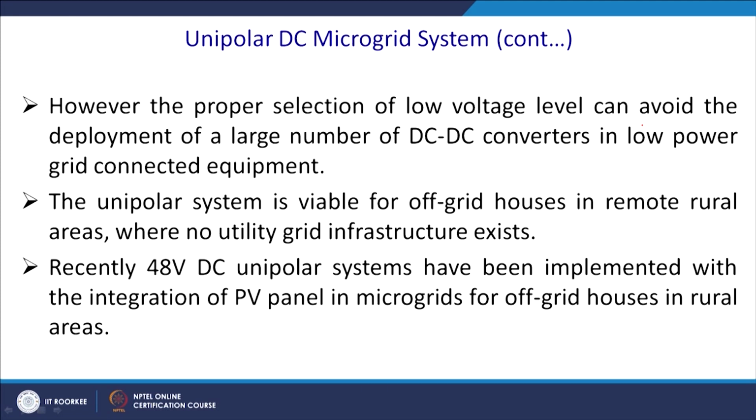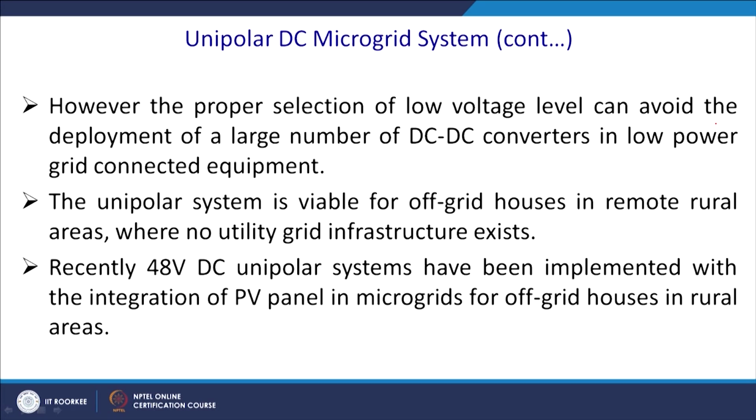So, you have to match these two conflicting conditions. The voltage level can avoid the deployment of a large number of DC to DC converters in low power grid equipments, but you also incur more copper loss.